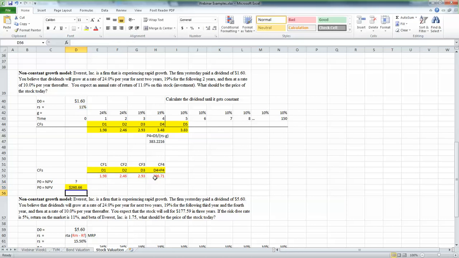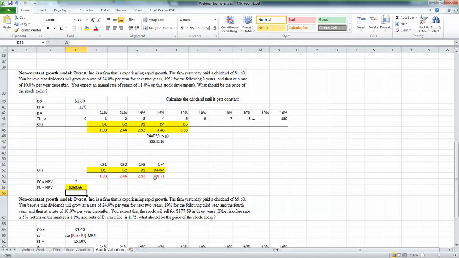NPV is equal to present value in this case. So basically it is $260.66.